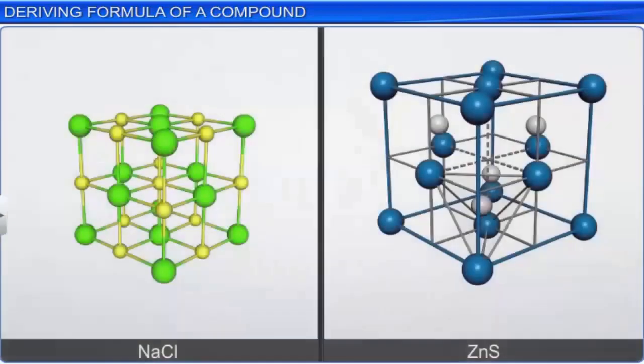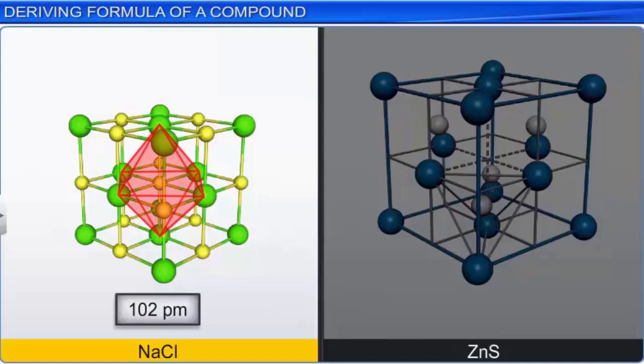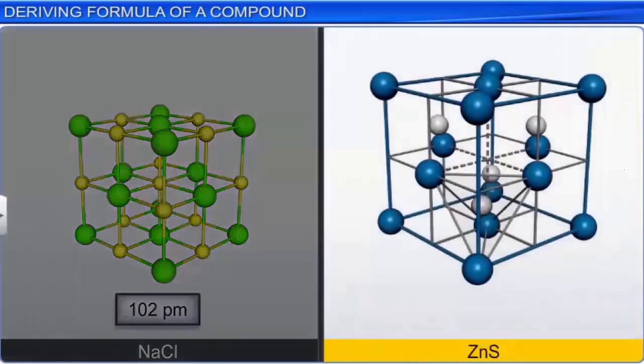For example, sodium ions having size of 102 picometers occupy the octahedral voids in a sodium chloride lattice, and the zinc ions with size of 74 picometers occupy the tetrahedral voids in a zinc sulfide lattice.